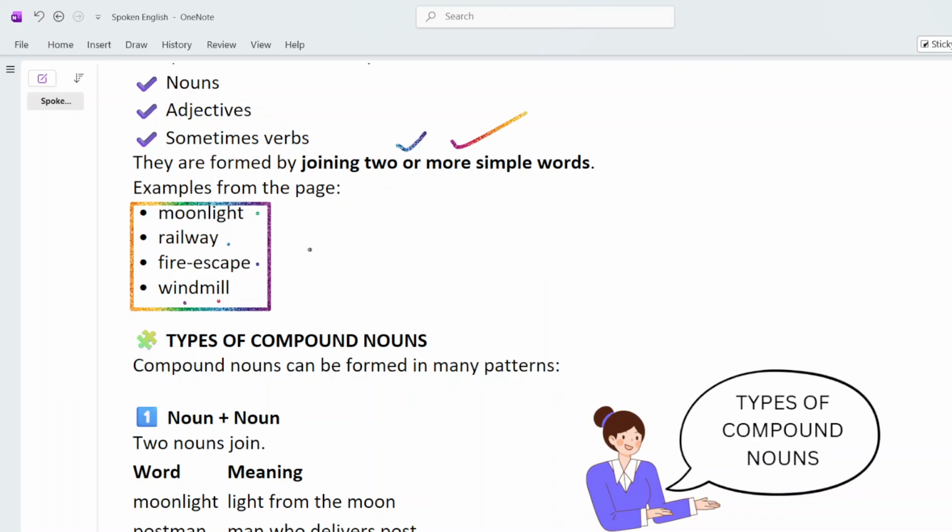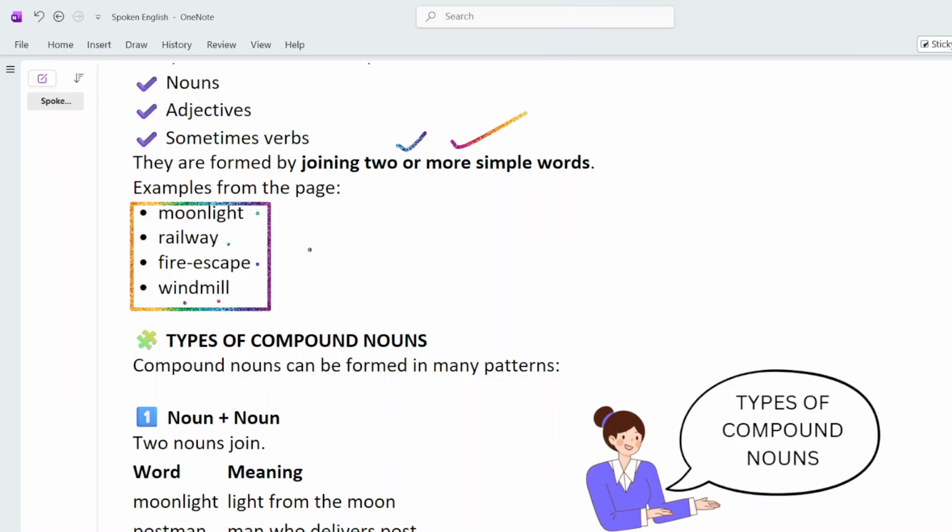Now, I would want you to focus on the screen. When I say moonlight, railway, fire escape, wind, and mill, each and every word has a meaning, right? Now, the brilliant idea is to just get these words coming together like best friends and sounding something which is truly enhanced at the end of the whole concept.